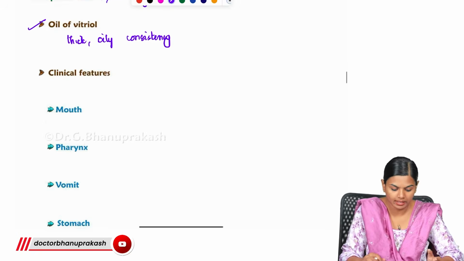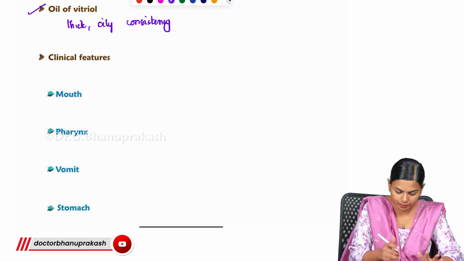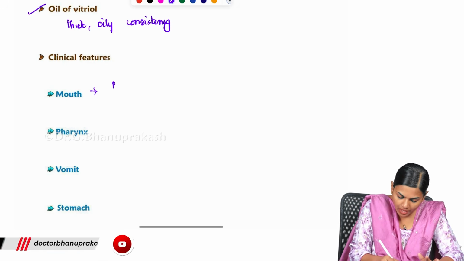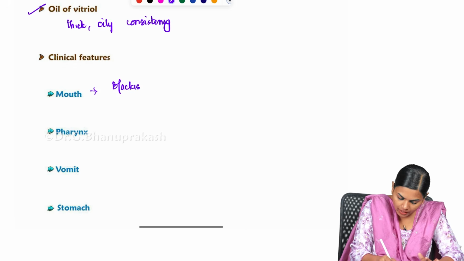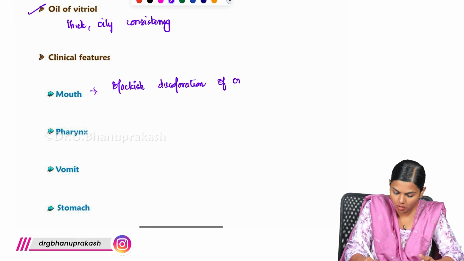What is the clinical feature of sulphuric acid? It is very important. Sulphuric acid will lead to blackish discoloration of the oral mucosa.